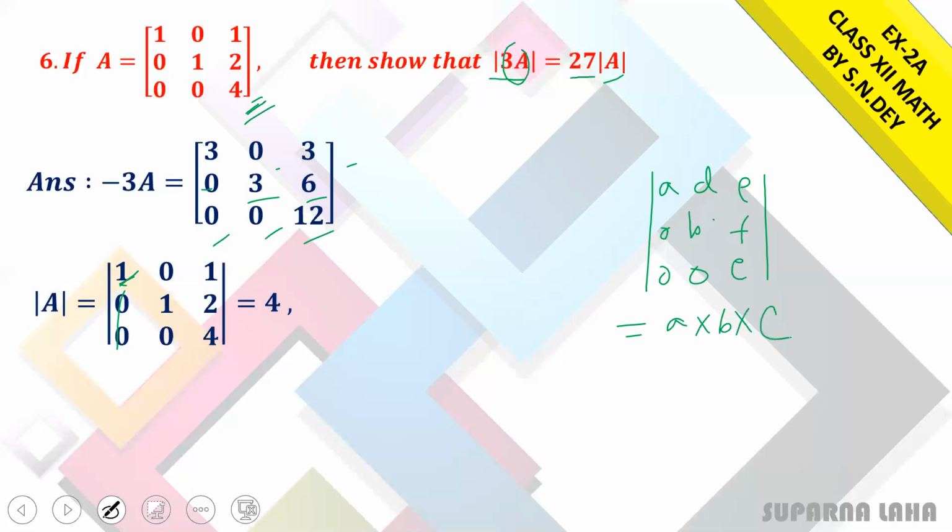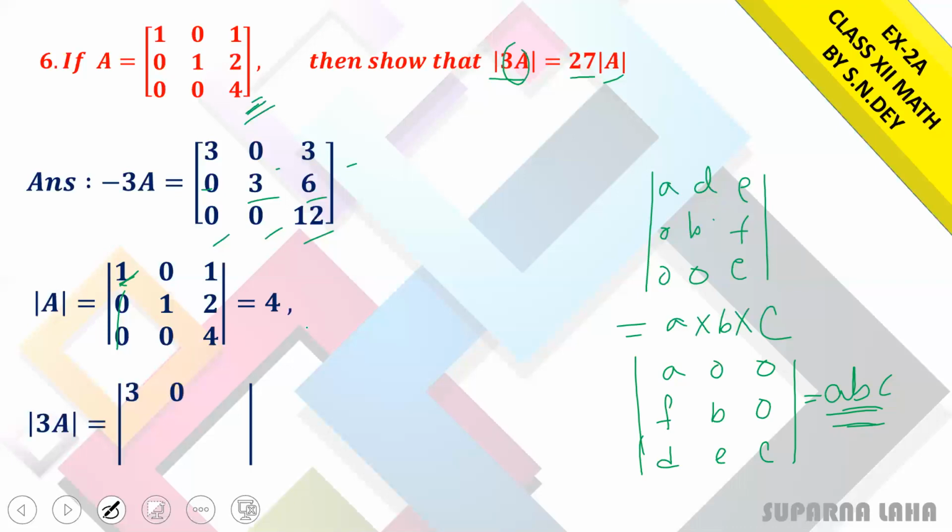We will call this a lower triangular, or maybe an upper triangular: A, 0, 0, then F, B, 0, then D, E, C. For this type of determinant, the value is given by just the multiplication of the diagonal elements. You can break it also and check whether this is right or wrong. Now just 1 into 4, this is 4. So the value of the determinant A is 4.